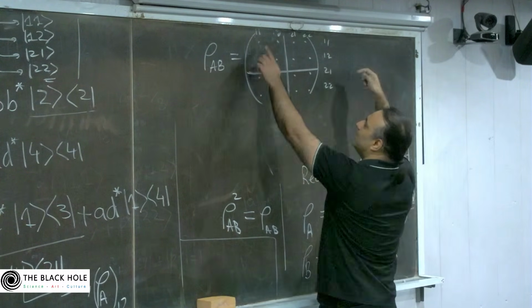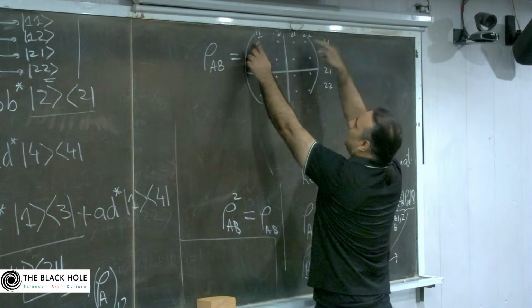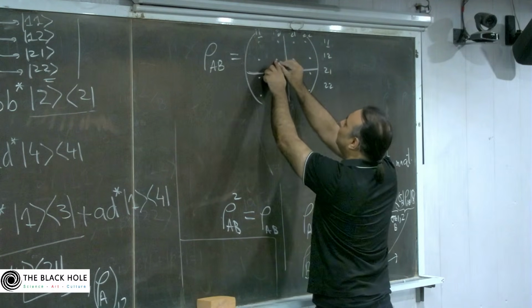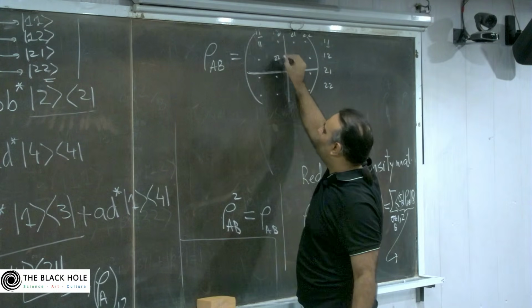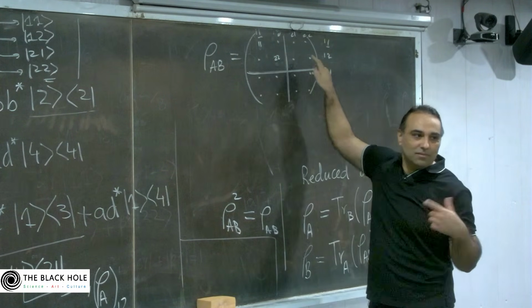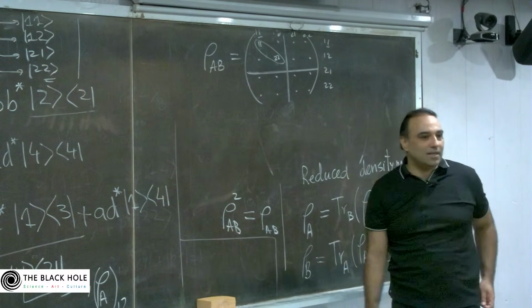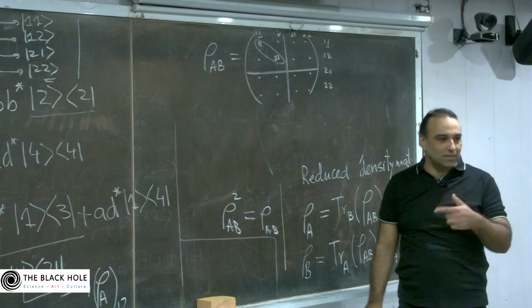So this 1, 1 means this second one and this second one. So this is 1, 1 and this is 2, 2. So let me write it 1, 1 and 2, 2, and this 1, 1 and 2, 2 is for subsystem B. So these are diagonal elements in this for B.